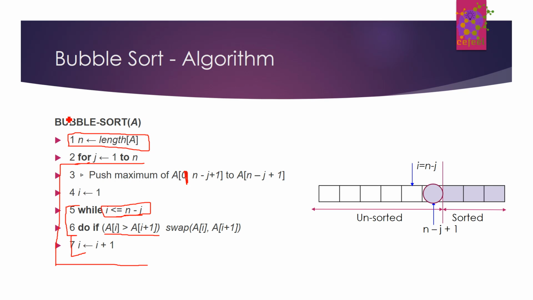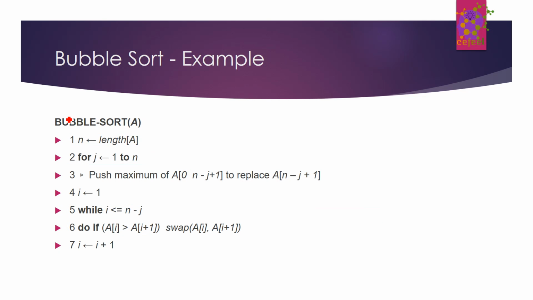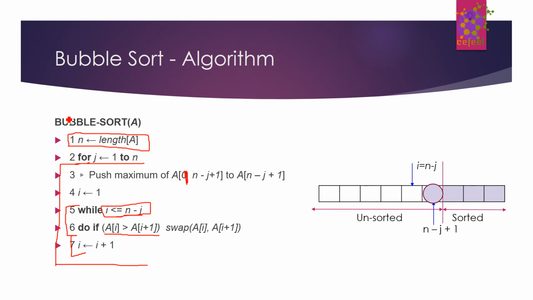Basically we increment j, which means n minus j plus 1 is reduced, and then we repeat the same process over again. Cool. So if this was a little confusing, let's apply it on an example, because that will make it much clearer, I believe.